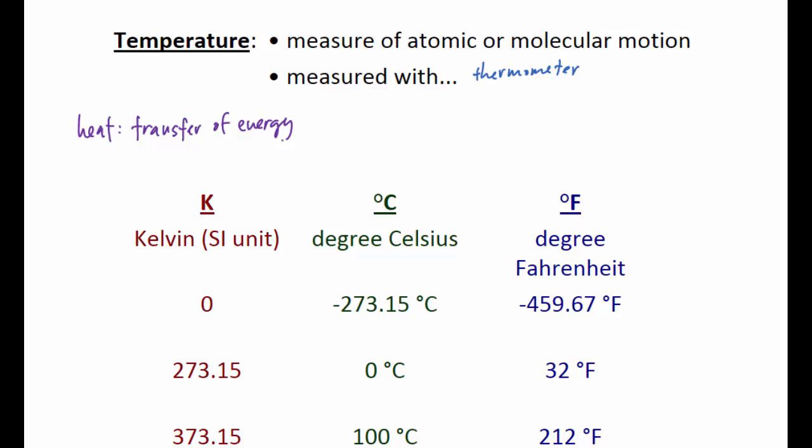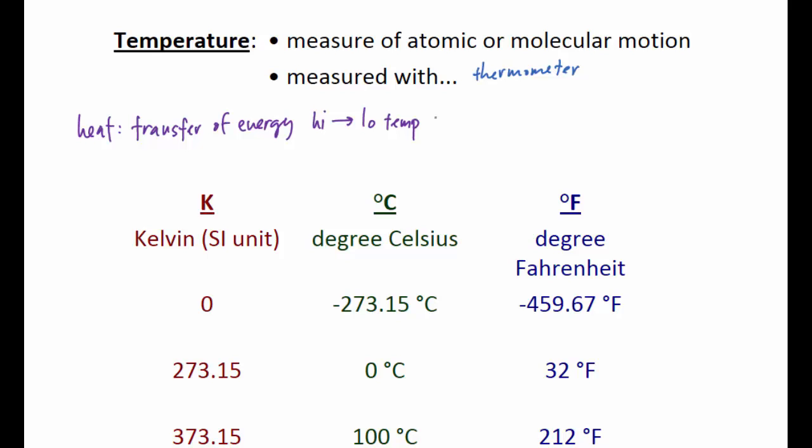Yeah, heat travels in the direction from high temperature to low temperature. And if that were opposite, if you had a hot object and a cold object next to each other, the cold object would be getting colder, right? And the hot object would just continue getting hotter.